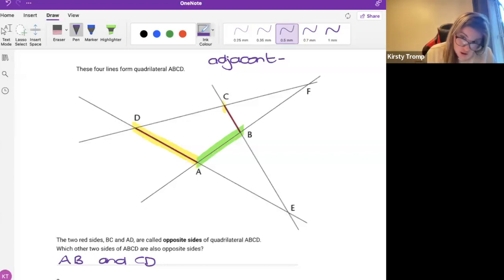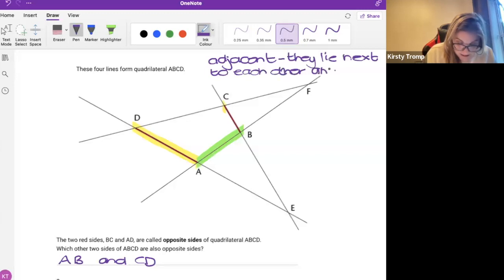I'm going to talk to you about what vertex means now.